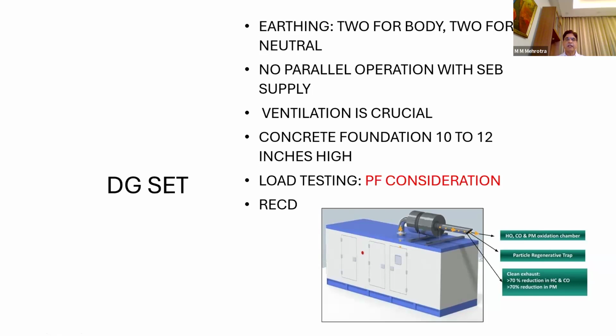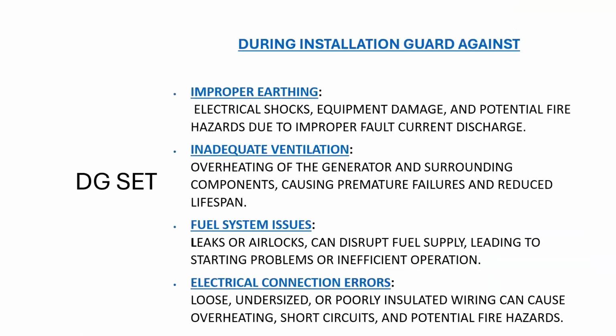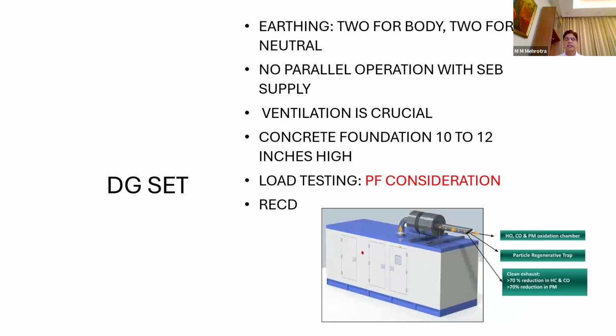Factories will take time to create engines which are compliant with the government norms. So for the intervening period, you need to provide RECD, retrofit emission control device. This will ensure that the output from your generator conforms to government regulations. But without this, the licensing company will not allow you to energize.